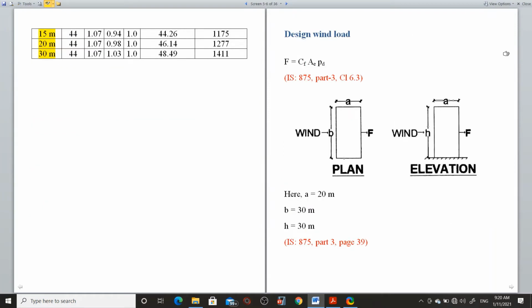Now, the design wind load. We have to find the load on the nodal area.